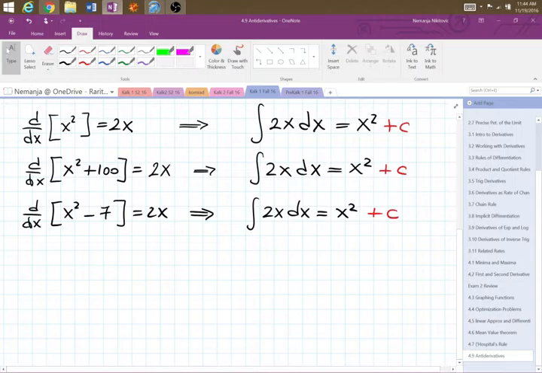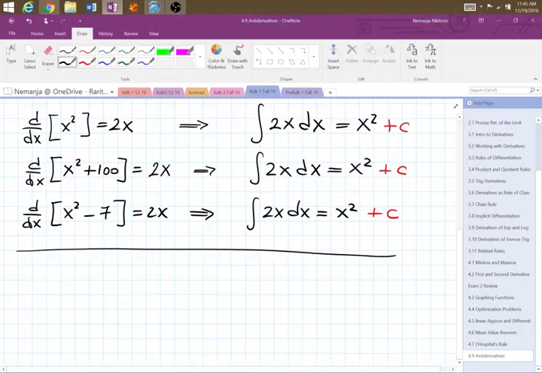I don't have much to teach in this particular section because every single formula for derivative is going to be read backwards as the integral formula. There is one that looks different because we are kind of lazy, but other than that, everything else is going to be the same.